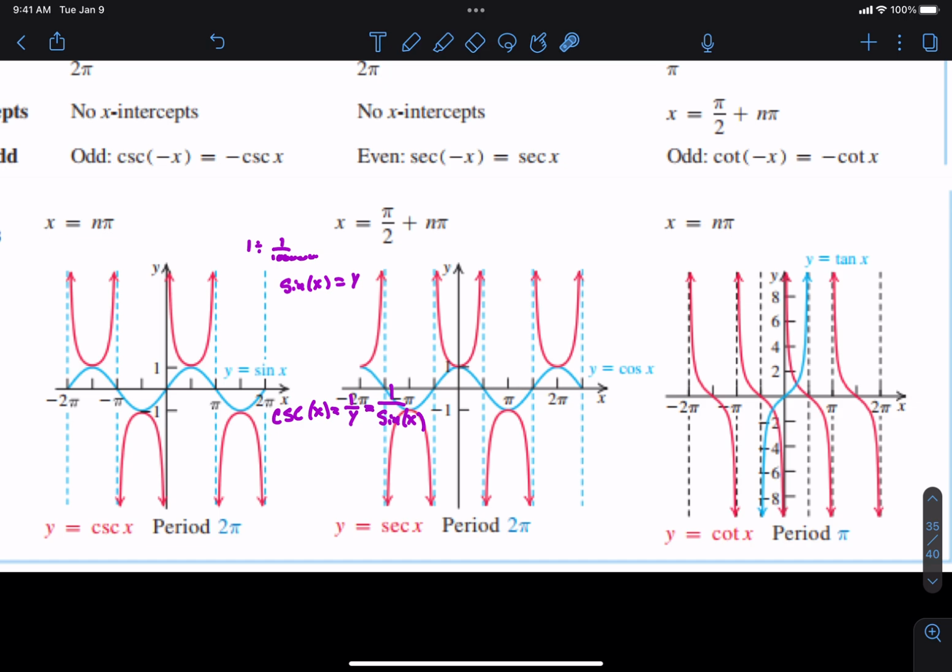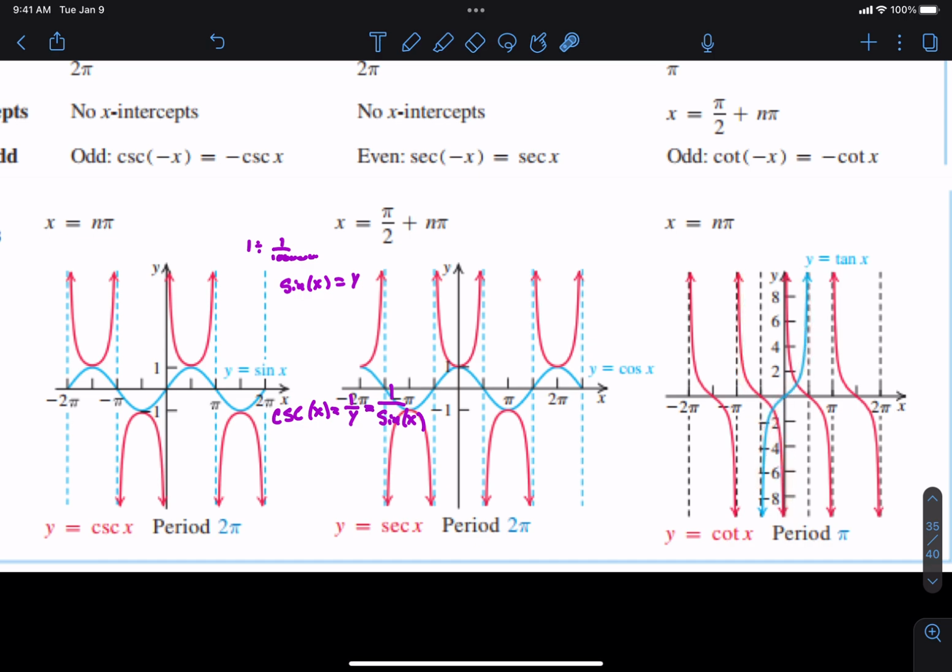Can I move on from this screen now? Or do we need a little more time? Okay, so again, I think it's maybe worth memorizing generally what the graphs of cosecant and secant look like. They look like a bunch of u's and n's. And the graph of the cotangent function looks kind of like the reverse of tangent. It's going from top to bottom instead of like the tangent, which goes from bottom to top.